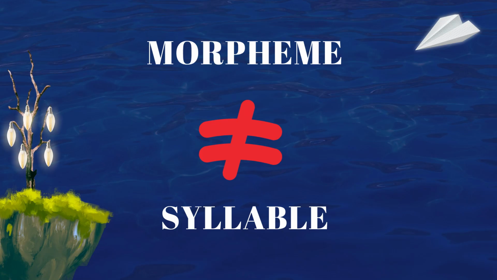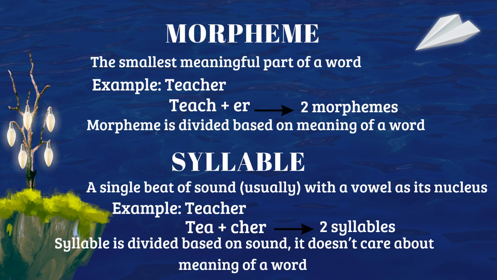Okay, now we move on to the next part, the difference between morpheme and syllable. Morpheme is not equal to syllable. First, morpheme is the smallest part of a word that has meaning.